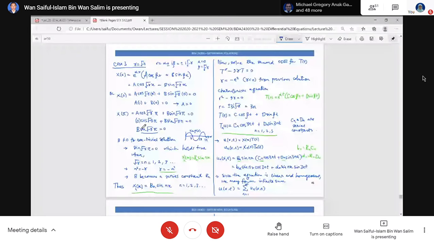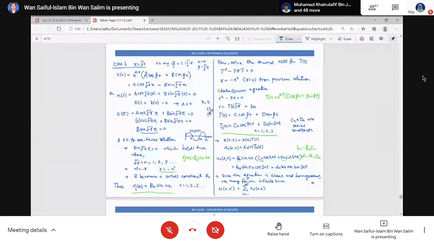Now, when is sine square root of gamma pi equal to 0? When is the sine function equal to 0? So if you plot a sine function, you will see that sine is equal to 0 whenever the x value is equal to a multiple integral of pi. For instance, if x equal to pi, x equal to 2 pi, x equal to 3 pi, and so on and so forth, then the value of this sine function is going to be 0.